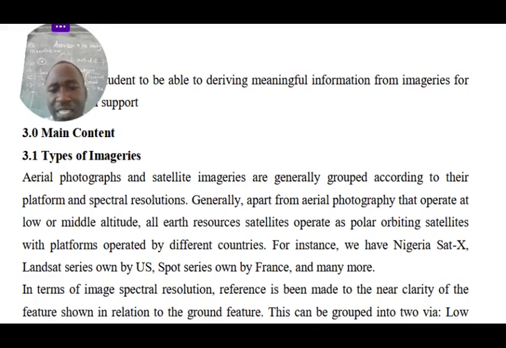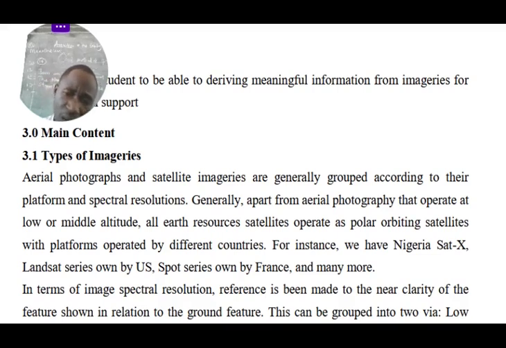For instance, they are saying that for the Nigerian satellite X, Landsats are what we call a series of works done by the USA, which is supported by France and also other countries that tend to be using their images or satellite.